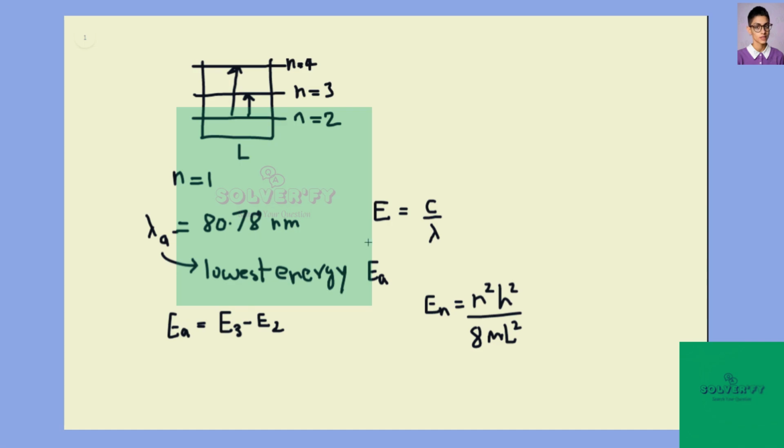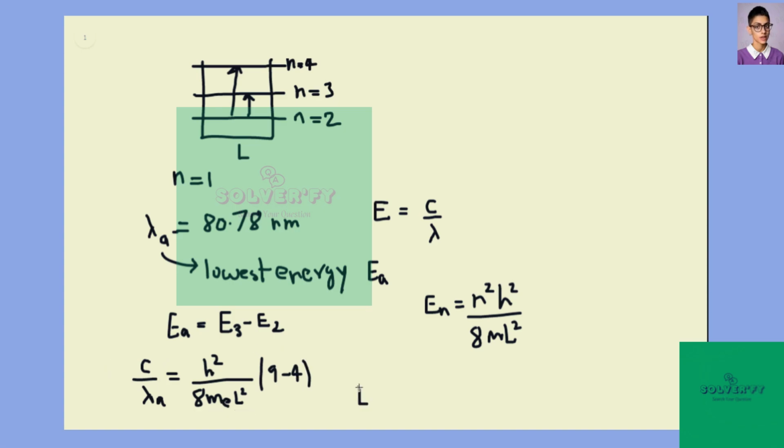And since EA is equal to hc over lambda A, I can write hc over lambda A is equal to h squared over 8 m, where m is the mass of the electron, over L squared, which is the width we need to find out, times 3 squared, which is 9, minus 2 squared, which is 4. So now we know all the factors except for L.